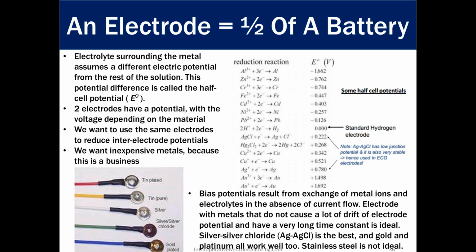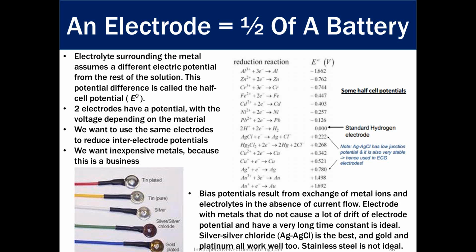Now, if we look at some of these names, tin, pretty cheap. Silver, kind of expensive. Gold, really expensive. Platinum, very, very expensive. So when we look at what these are best known for, we'll see why the needles are made of what they are. Bias potentials result from exchange of metal ion and electrolyte in the absence of current flow.